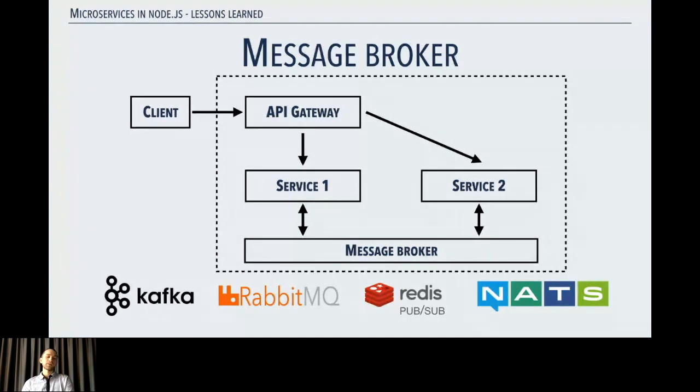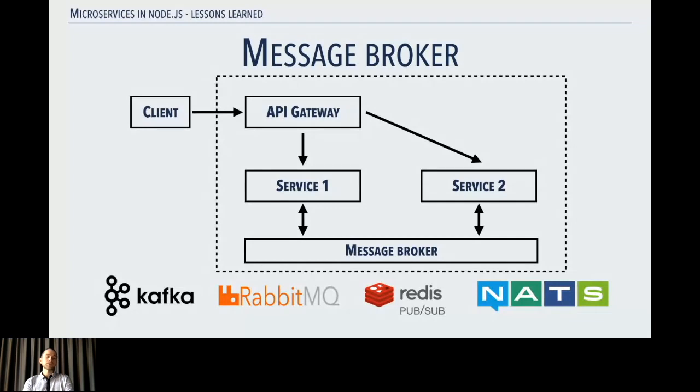It has some advantages because they are not coupled, and those messages sent to the message broker can be buffered. So if, for example, a second service is not working properly and then gets up eventually, that message can be obtained later.